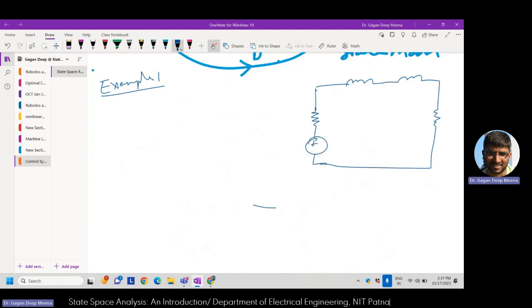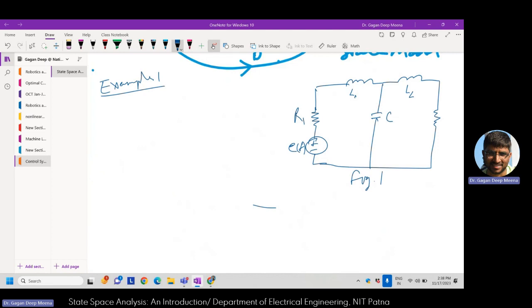and the source voltage as E of t here, and it can be represented by R1 and L1. L1 is here, L2 is here, and I'm attaching a capacitor, C, in between these two branches. Okay, and this is my figure 1.